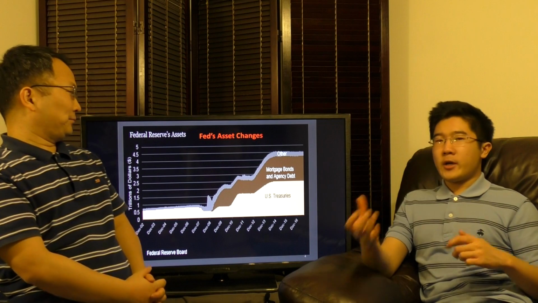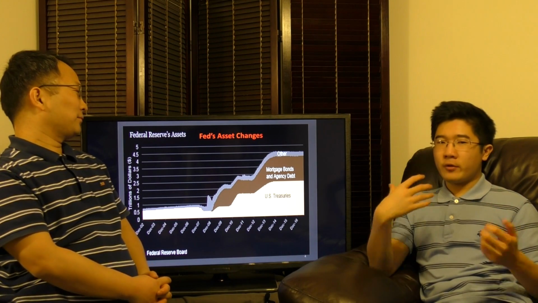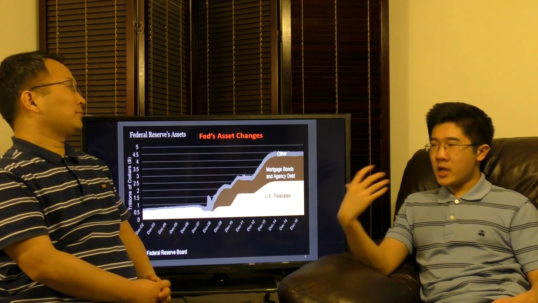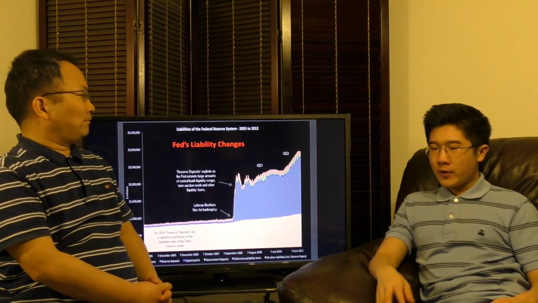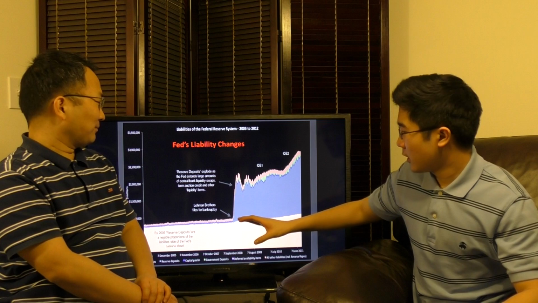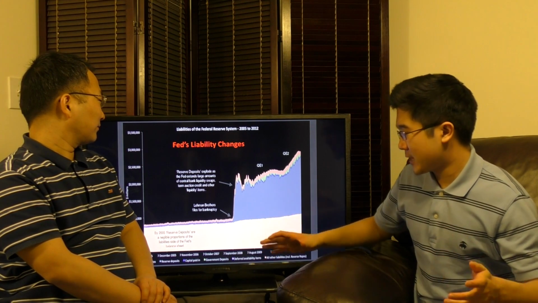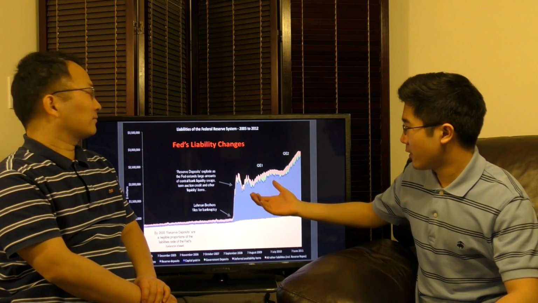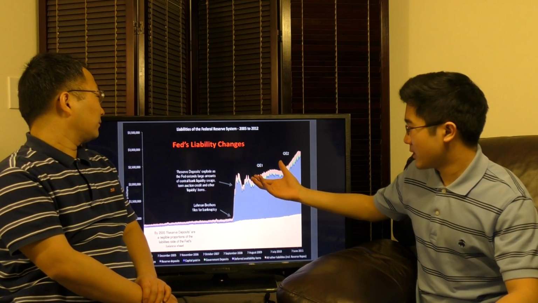As we saw earlier, changes in its assets also coincide with a change in its liabilities. So when we look at the Fed's liability changes, in 2008 the amount in reserve deposits basically exploded.